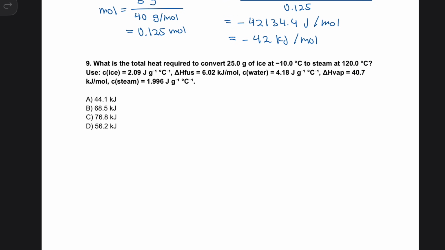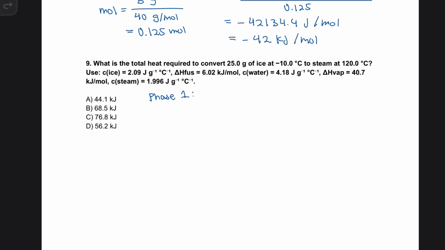Next, question 9. What is the total heat required to convert 25 grams of ice at negative 10 degrees Celsius to steam at 120 degrees Celsius? So this is quite a long process, but we have to break it down into different phases. So we have two different transition states, I guess.